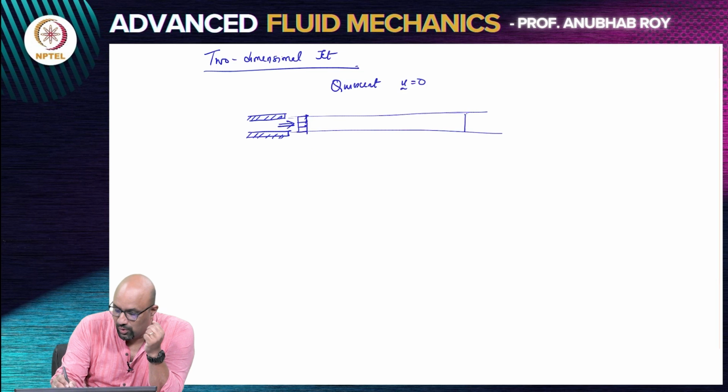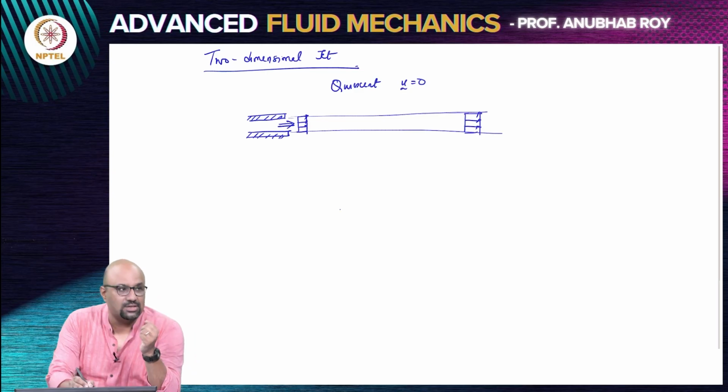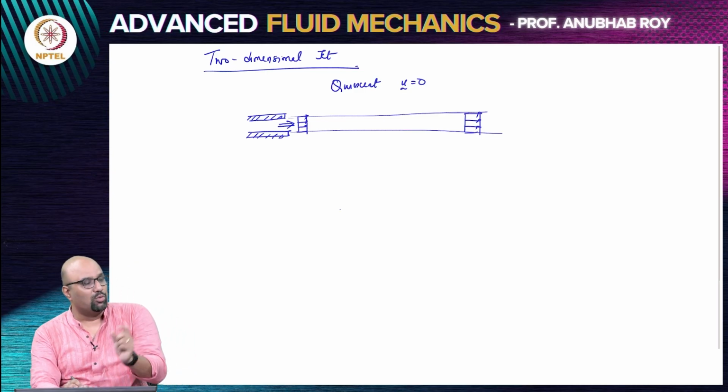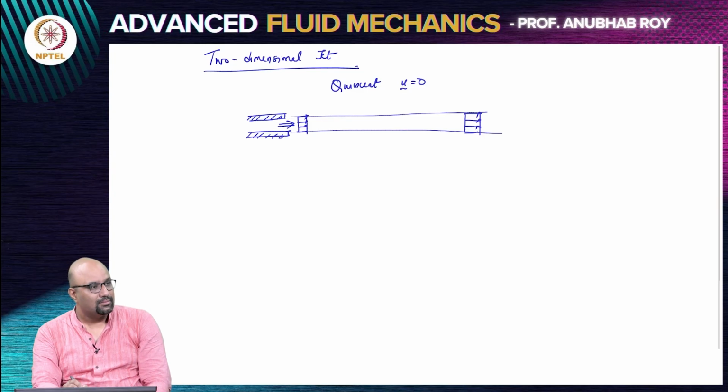This stream of fluid would continue moving with no change, because there can be a slab of fluid moving with a certain velocity while its neighbors remain quiescent as per the inviscid theory. It can slide.